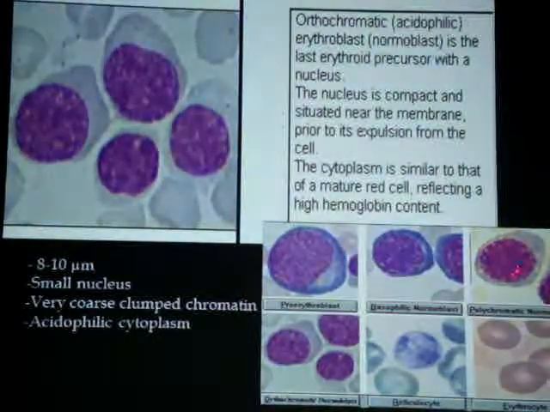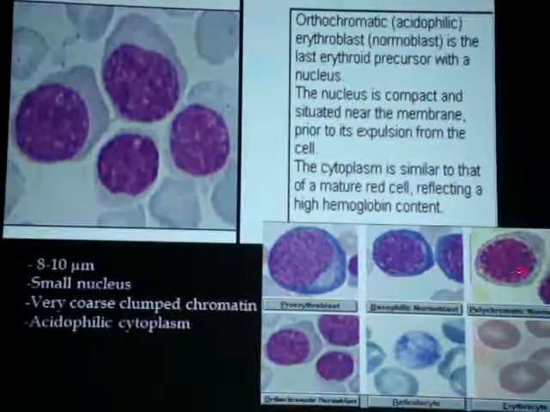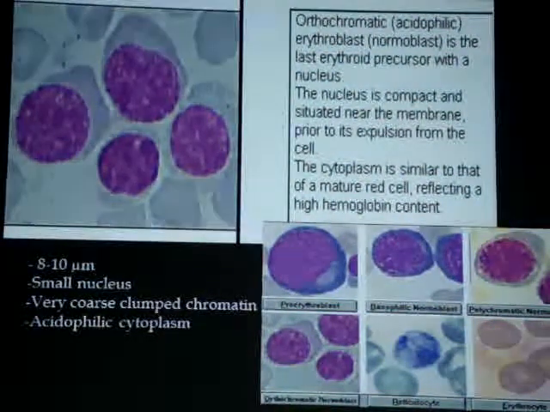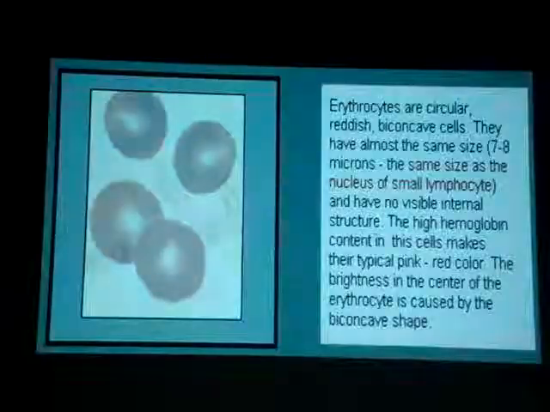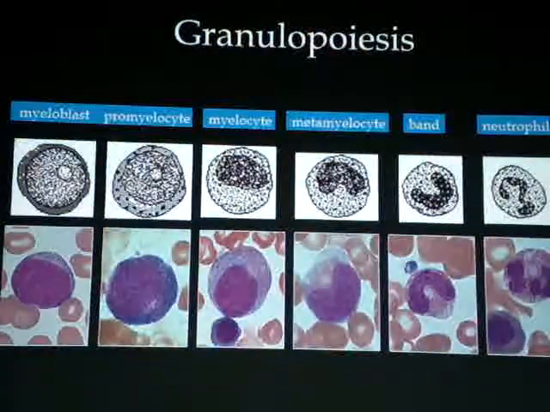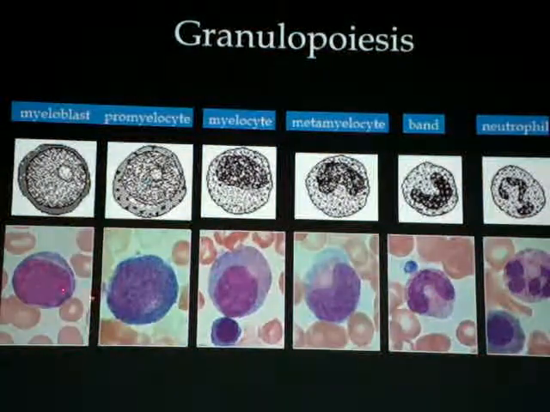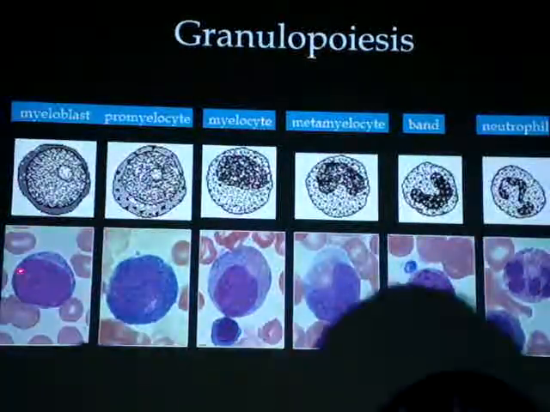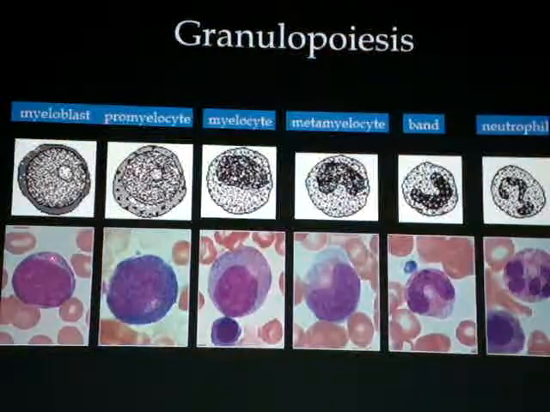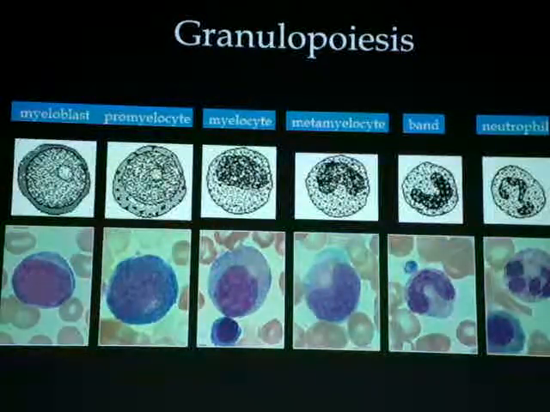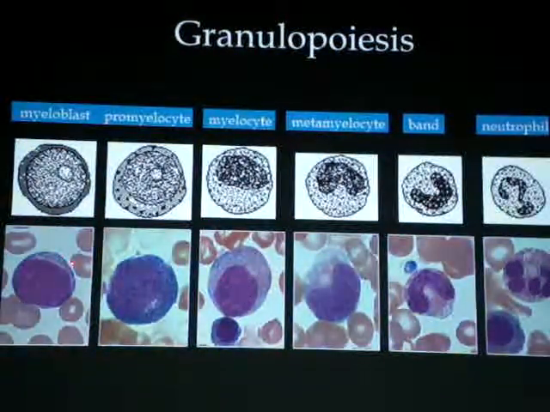The nucleus is darker in color, and there are holes in it which are absent in the myeloid series. Myeloblast will have a very big nucleus with scant cytoplasm. Big nucleus, scant cytoplasm.